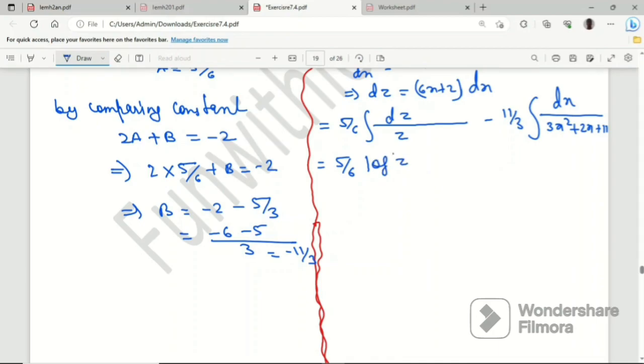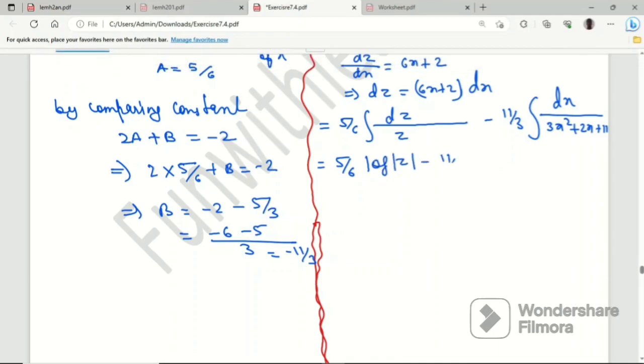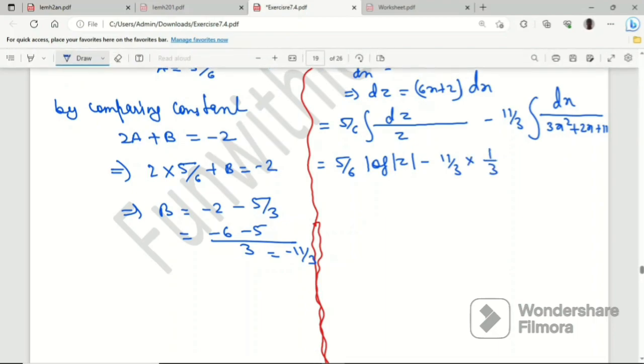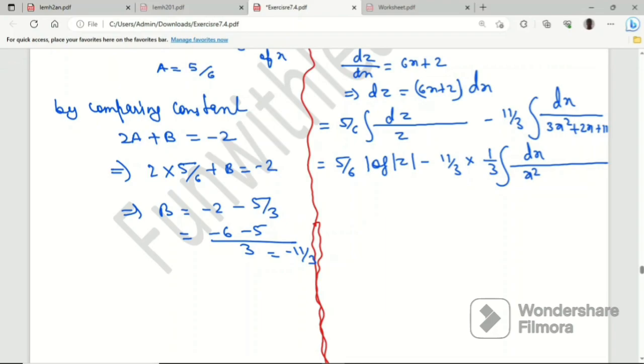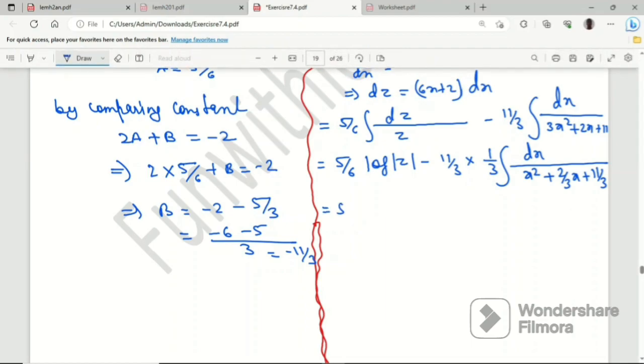So it will give me log z minus 11 upon 3. It is 3x square, so I cannot convert the given quadratic equation into the required form directly. To convert it into the required form, I will take 3 as common. So I'll write 1 upon 3 outside, dx over x square plus 2 by 3 into x plus 1 by 3. So 5 by 6.